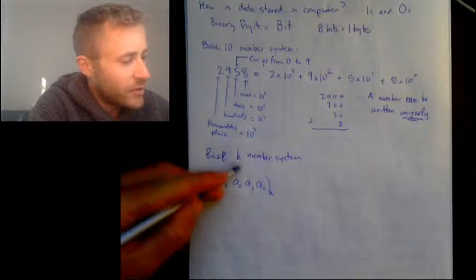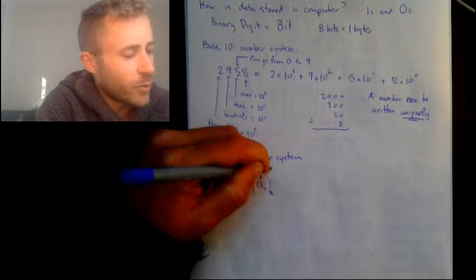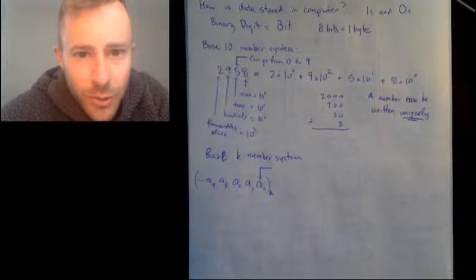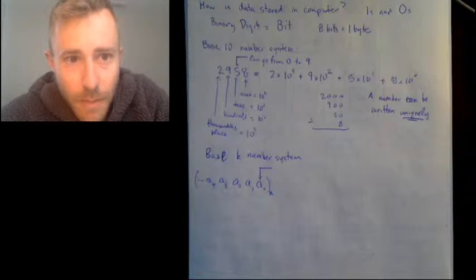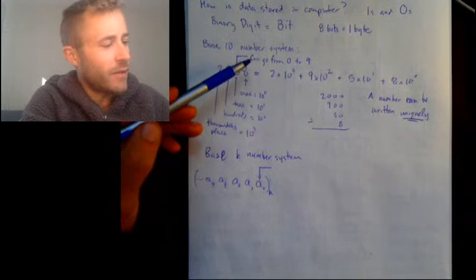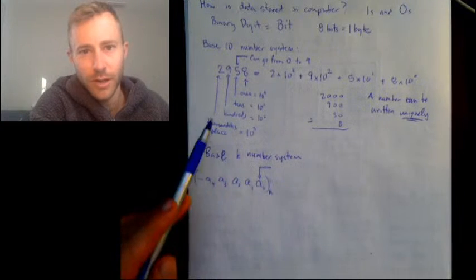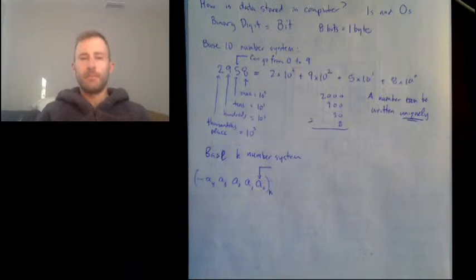If you were at base k, each individual digit can go up to what largest value? All right? Who can generalize? Type it into the chat if you can. If in base 10, the individual digits can go from 0 to 9, if you're in base k, what can the individual digits go from?